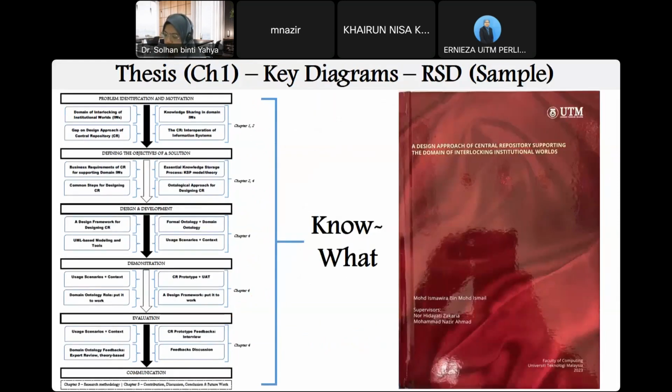For example, this thesis student recently graduated from UiTM, my former student. He also adopted design science research. He come up with the design approach of central repository supporting domain of interlocking institutional world. And if you can see the template diagram I give to the student, he organized what are the know what knowledge.